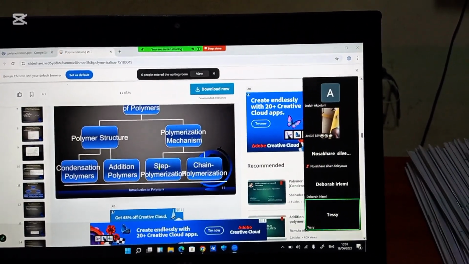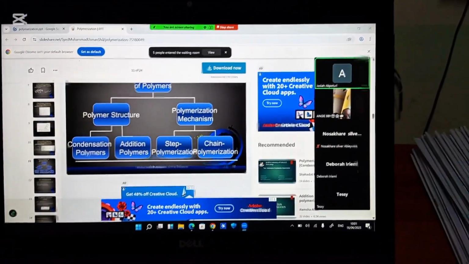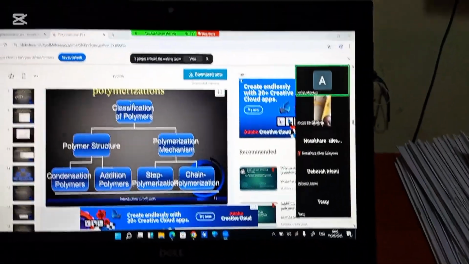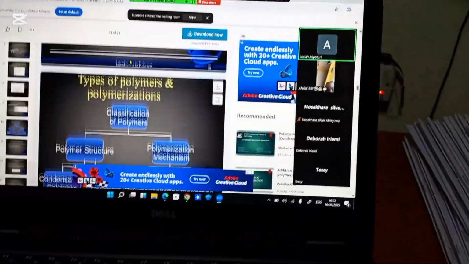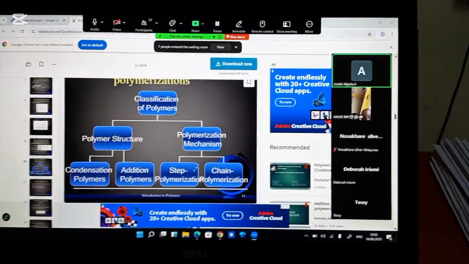The mechanism is called step polymerization, and for addition polymers it is called chain polymerization. That is the structure that is here.